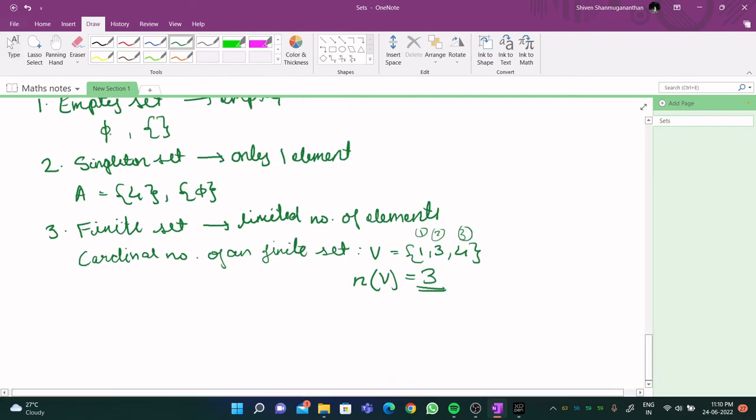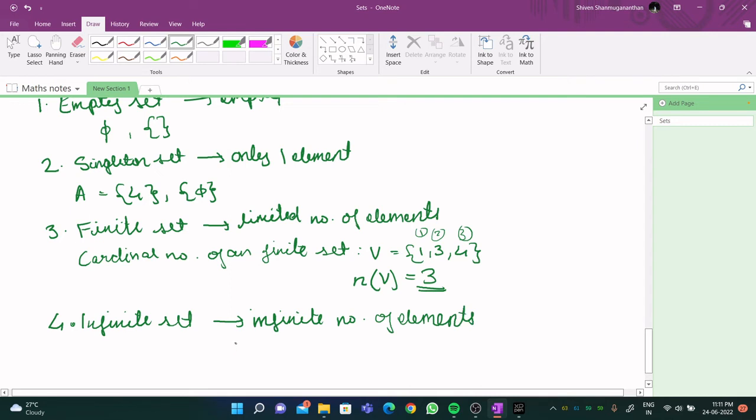Next on we have infinite sets. This again is pretty self-explanatory. Infinite set, so infinite number of elements.